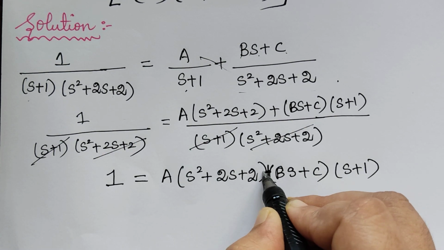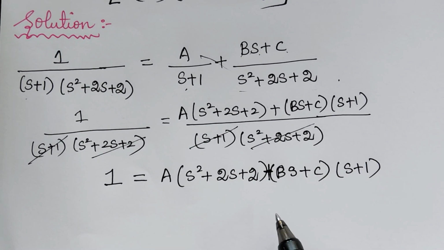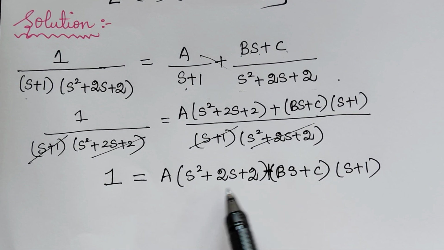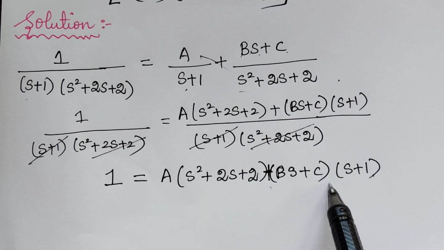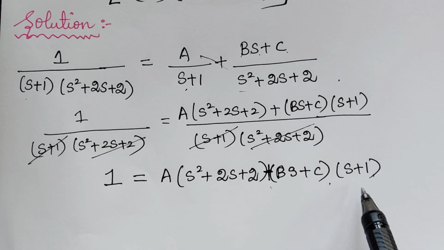So here there is a plus. Okay, now we have to do this very carefully. We have to find the values of A, B and C. So let us solve it now.